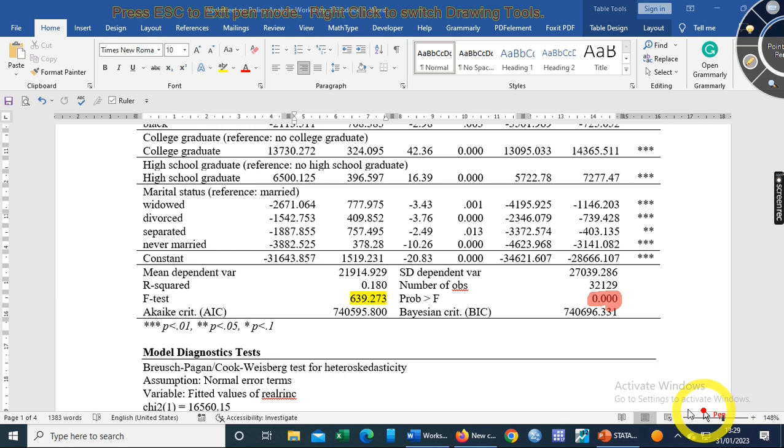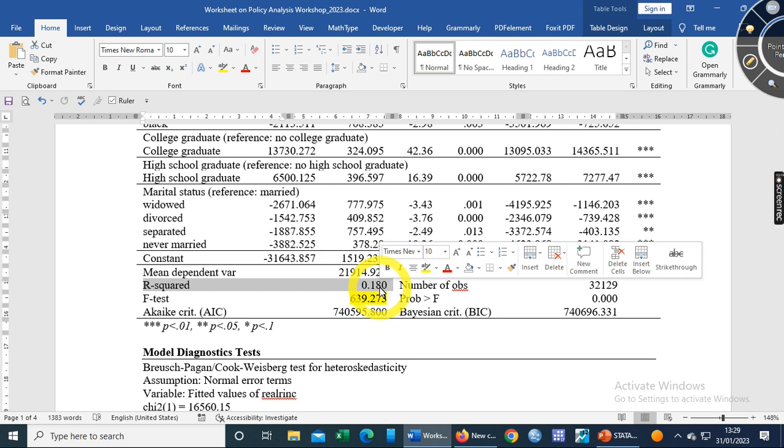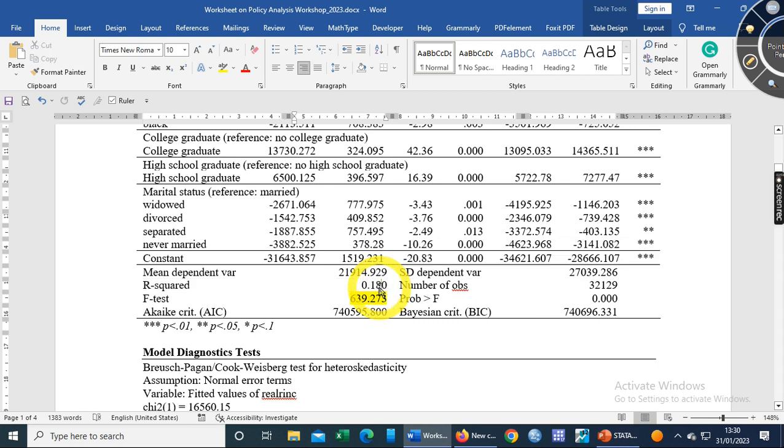Normally, the F test is used to test whether the R square of the model is statistically significant. Here, R square is 0.180, which is 18%.